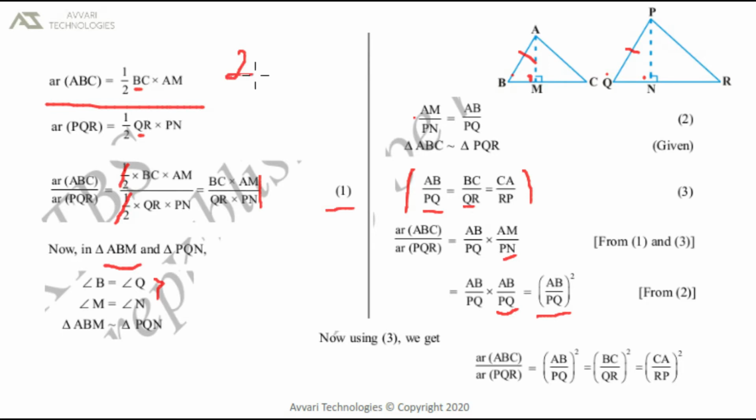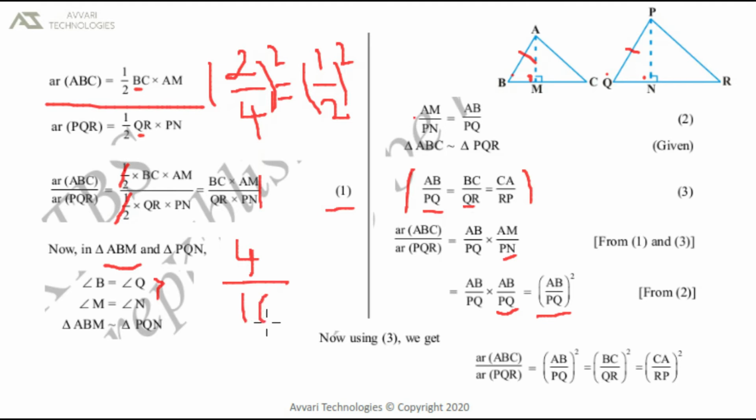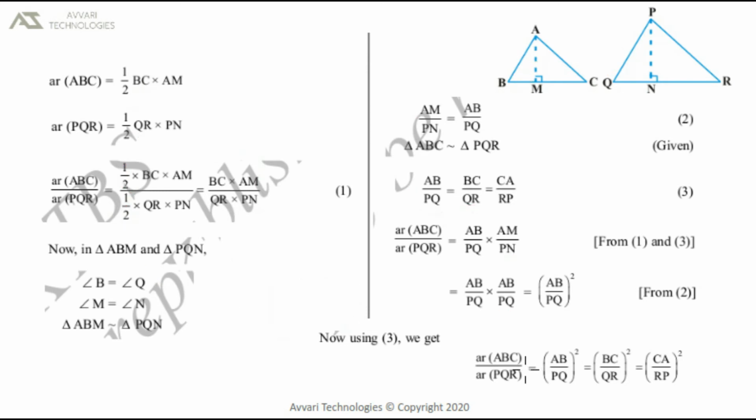Say for instance, if 2 by 4 is equal to 1 by 2, their squares must also be equal, which is 2 square is 4 and 4 square is 16, 1 square is 1 and 2 square is 4. Both are same, 1 by 4. The ratio of area of similar triangles is equal to the square of the ratio of the corresponding sides.